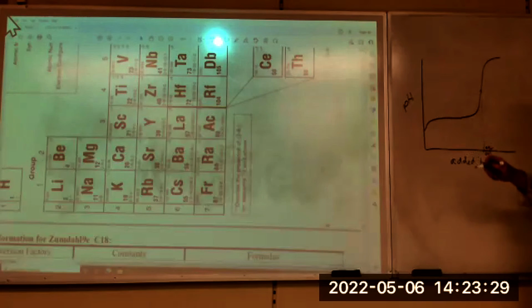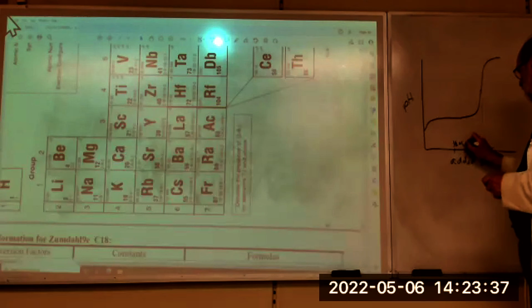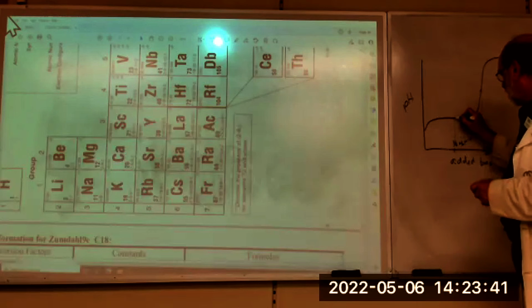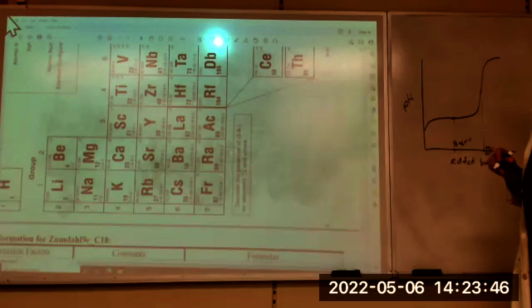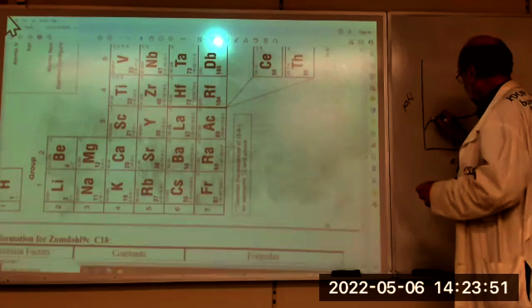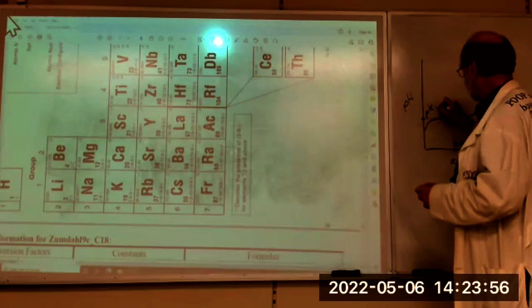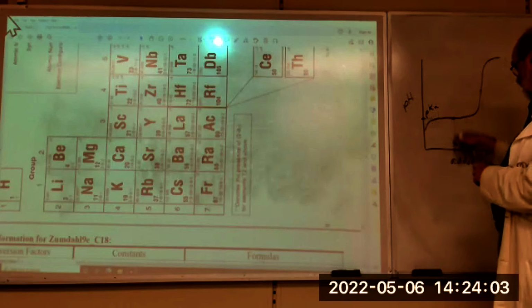Okay. What you want to do is find out what's the half equivalent volume. Right here, half equivalent. That's right in the middle of the buffer zone. And if you follow this across here, that pH is equal to pKa. pH is equal to pKa at this point, where these cross.